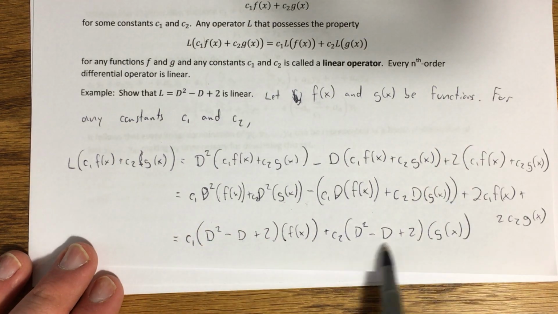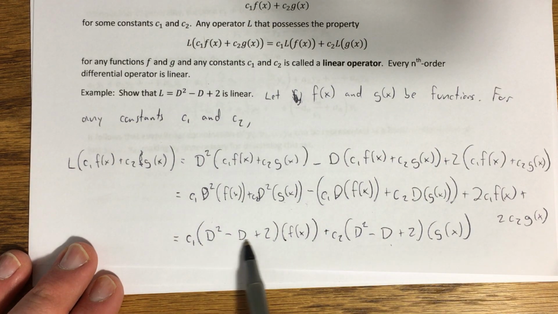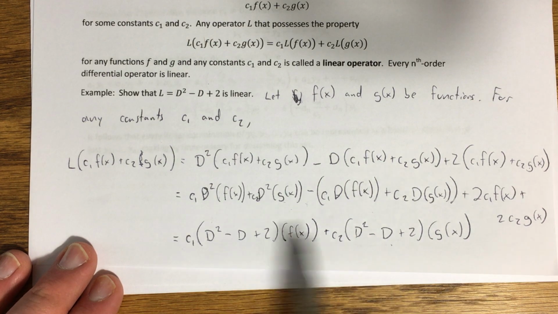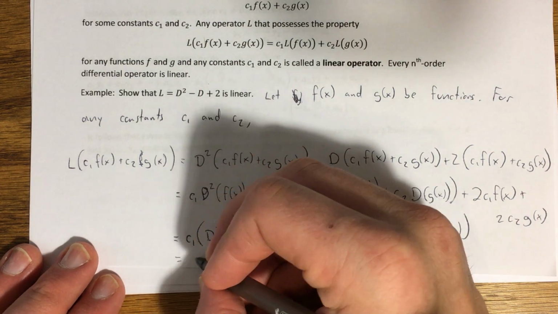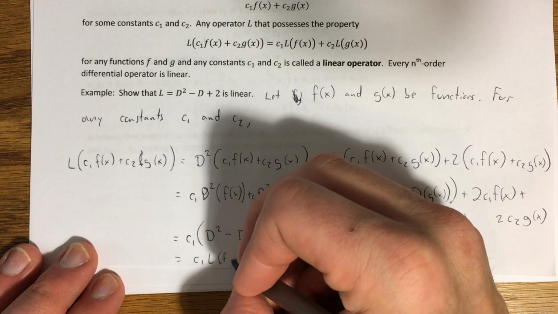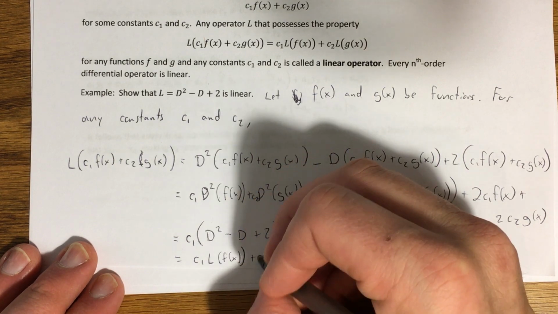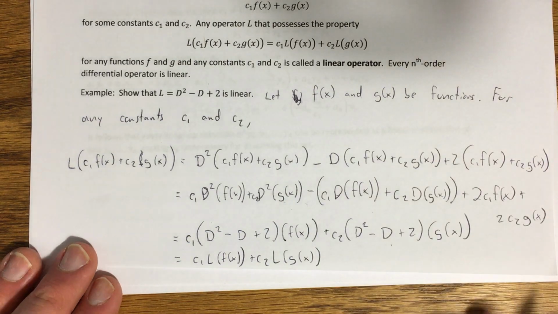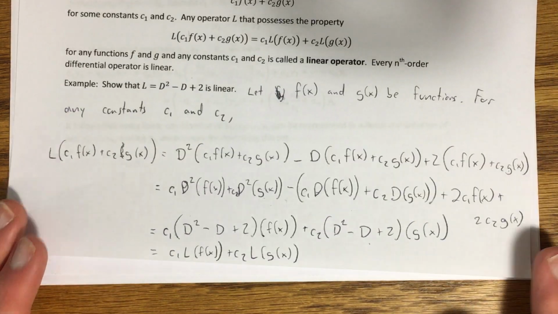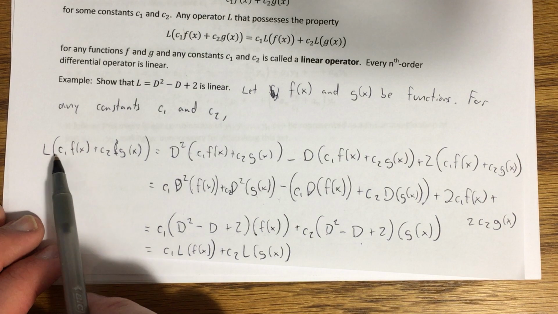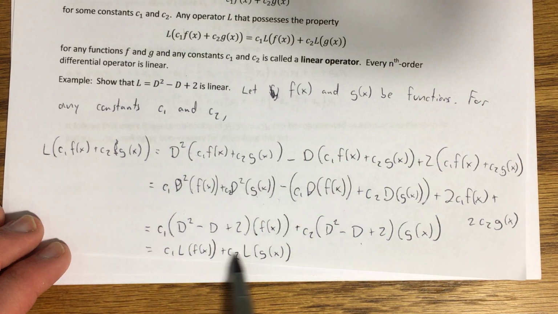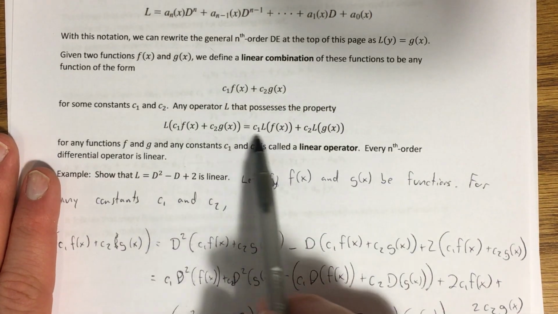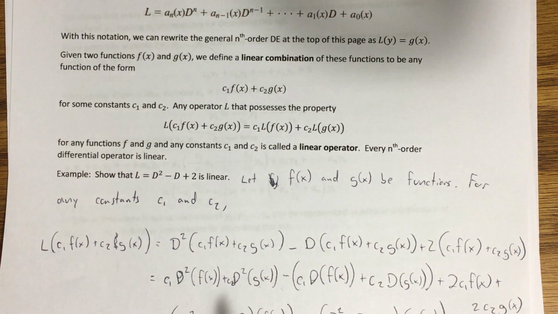Okay, but these operators, the d squared minus d plus 2 that's showing up in these two places, is how I define L. So this is c1 L of f of x plus c2 L of g of x. Apologies for how sloppy that is. Hopefully that's readable and you're able to follow that. But this showed that I can get from here to here, which is what that linearity property is saying. So I was able to show that that differential operator was linear.